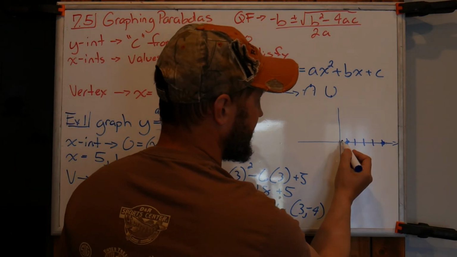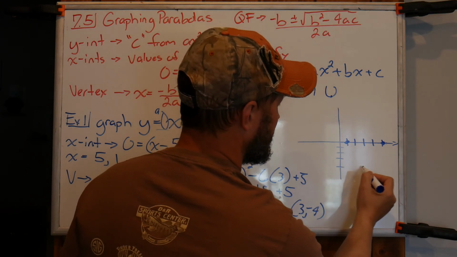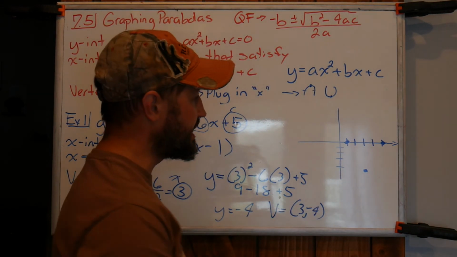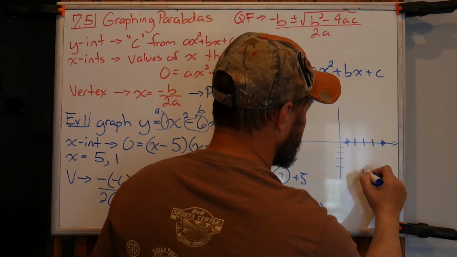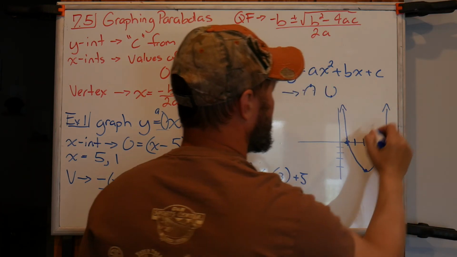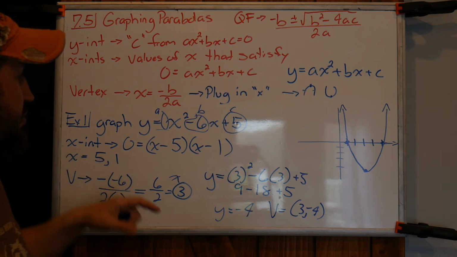Now that tells me I go to 3 and then I go down 1, 2, 3, 4 on the y-axis. And that point there, although my graph is not the greatest, that's our bottom point. That shows us we have a parabola opening upward and crossing the x-axis at 5 and 1.